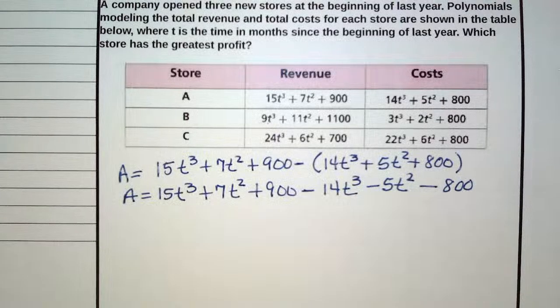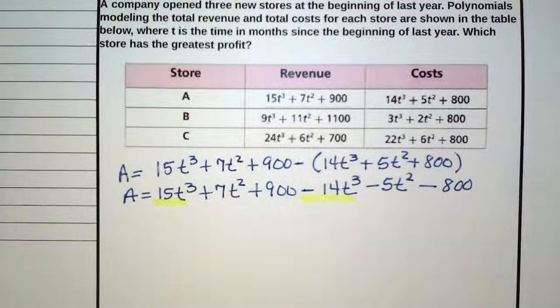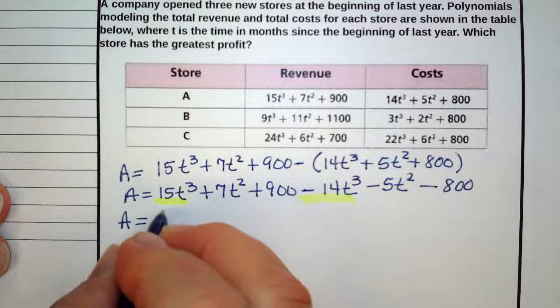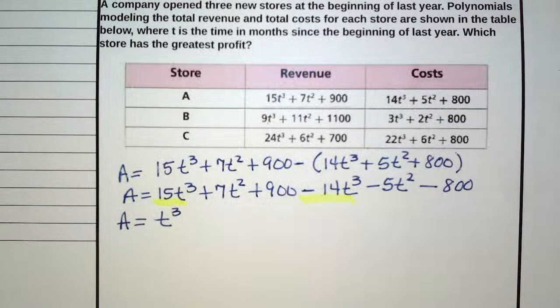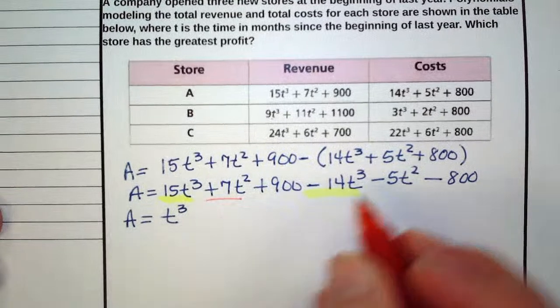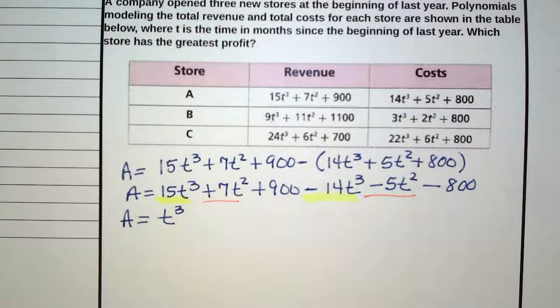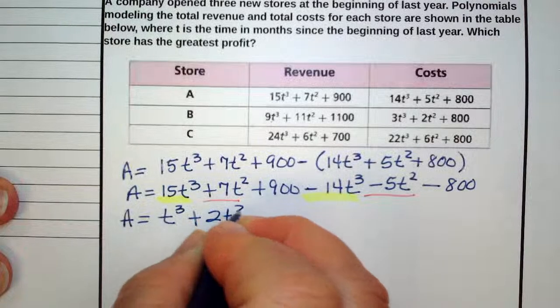Let's combine our like terms. 15t to the third minus 14t to the third. 15 minus 14 is simply 1, so t to the third. Now we're going to do plus 7t squared minus 5t squared. 7 minus 5 is 2, so plus 2t squared.